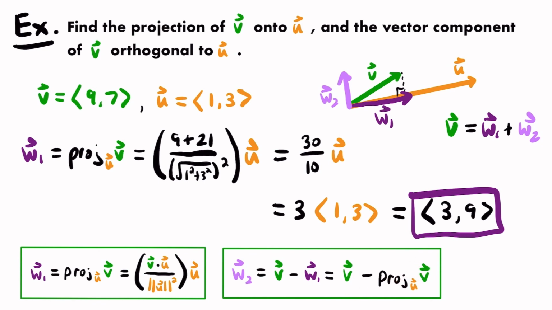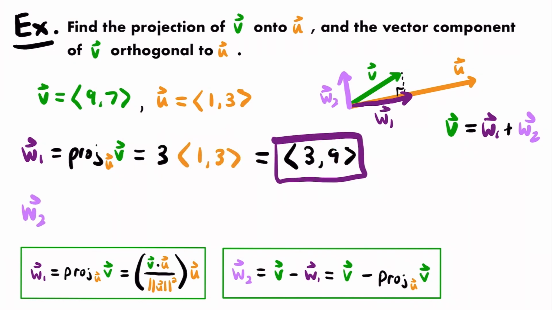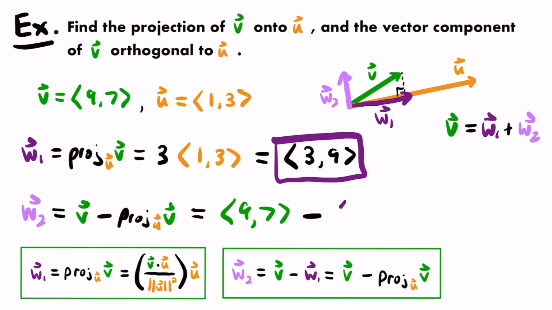Let's work on that next. We will have that vector w2 is equal to vector v minus the projection of vector v onto vector u. And so that will be equal to the position vector of the point 9, 7 minus the position vector of the point 3, 9.